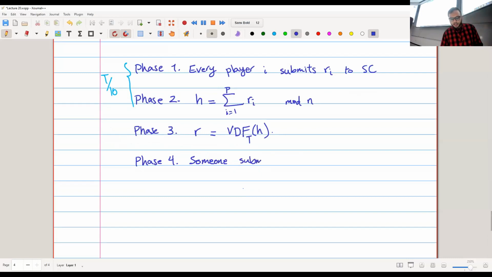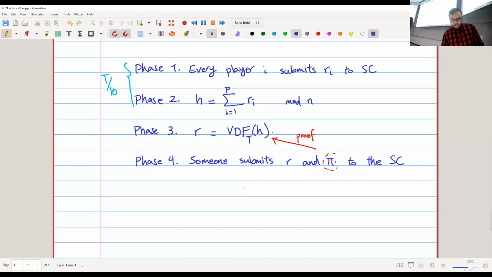submits R and a proof P. This is a proof that R is really the correct VDF output, submitted to the smart contract, and the smart contract verifies it. So again, this P was a proof of this equality.